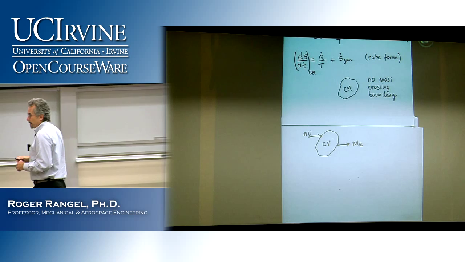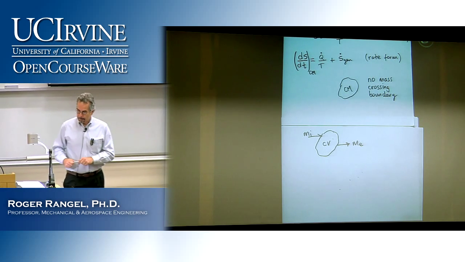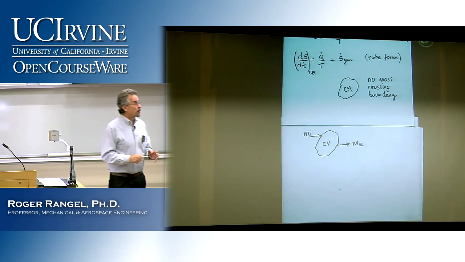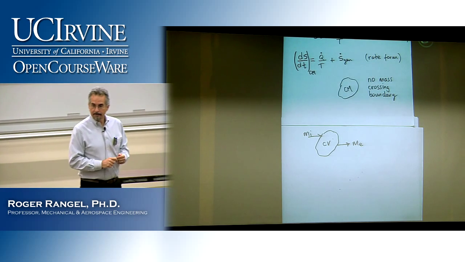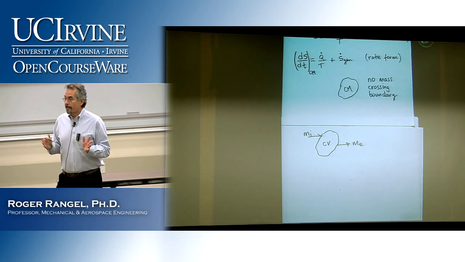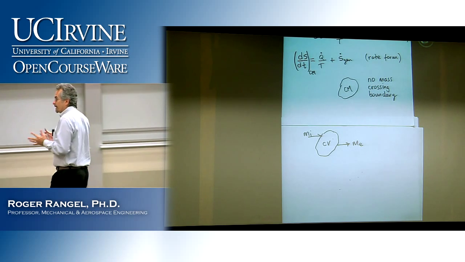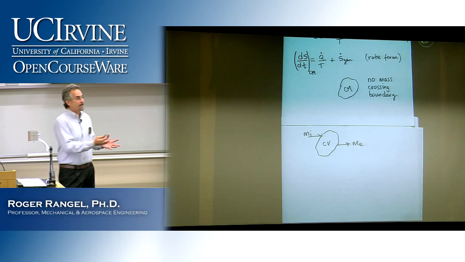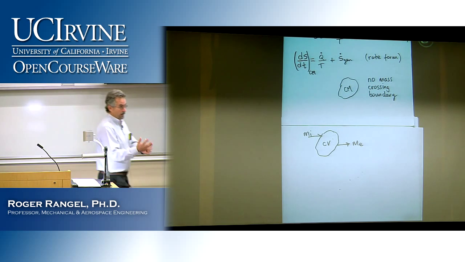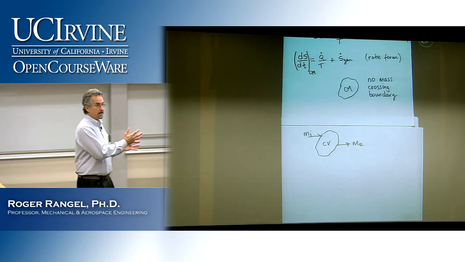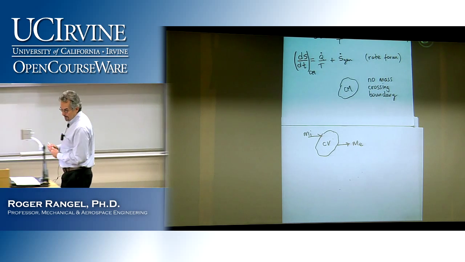So if mass comes into the system, with respect to this equation, what does that mass carry in with it? It carries entropy. It carries, in fact, any property that is associated with that mass that is coming in. But since we're talking about this equation, the only thing we have to worry about is that it carries in entropy.